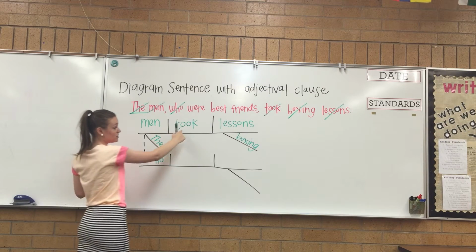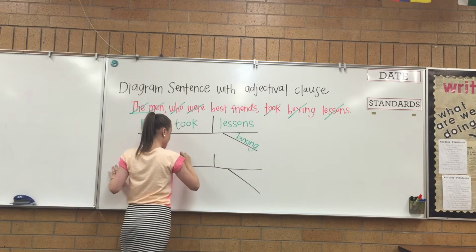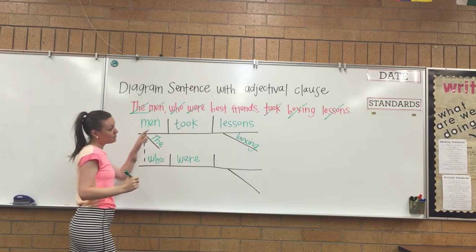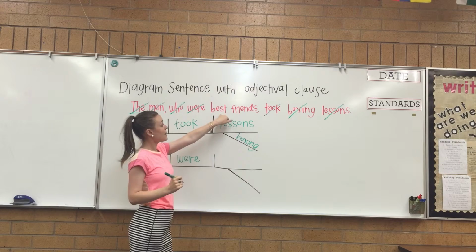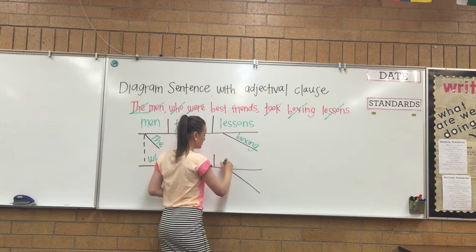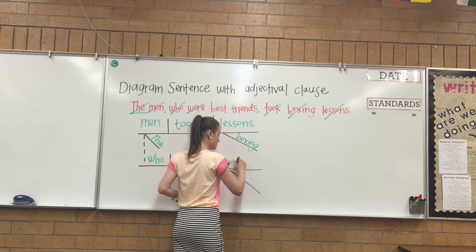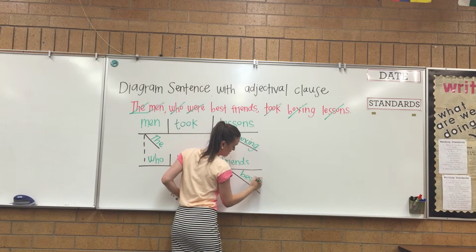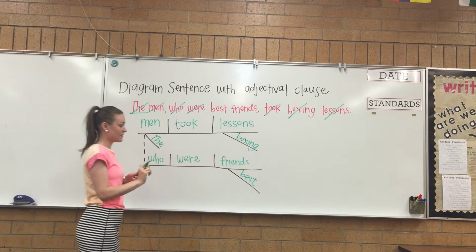Were is the verb, just like took. So we're going to put that here. And then we have best friends. Now if we're looking at that, best is describing friends. So friends is the direct object.